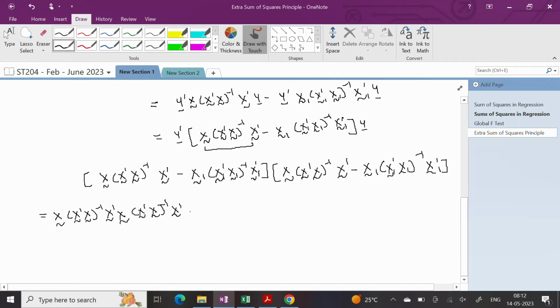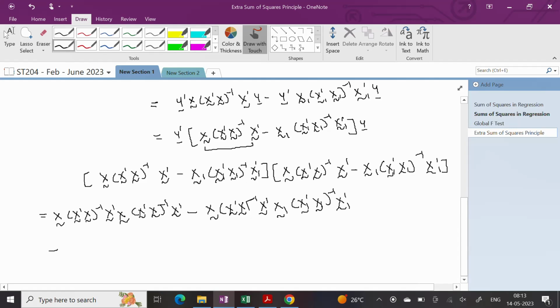This is the first term. Then minus X prime X whole inverse X prime, and then from this second term I get X1 prime X1 whole inverse X1 prime.